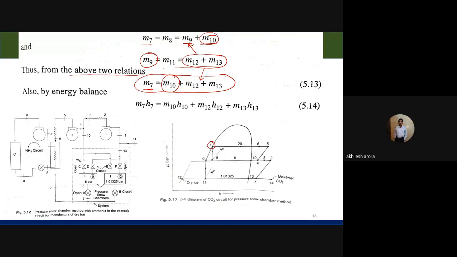Now for the calculation of the enthalpies, because when we have to do the calculation part also, we need to calculate the enthalpies also. So we need to write the energy balance for this cycle also. What you can consider here is 7, 10, 12 and 13.